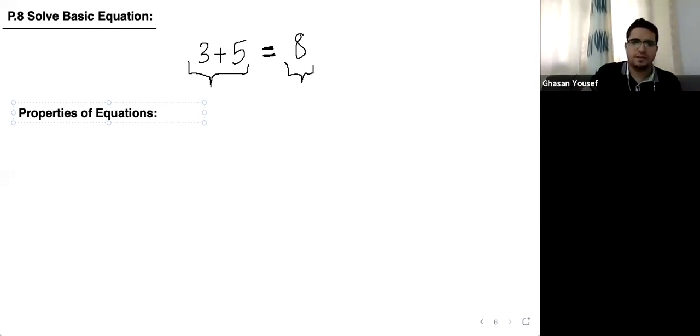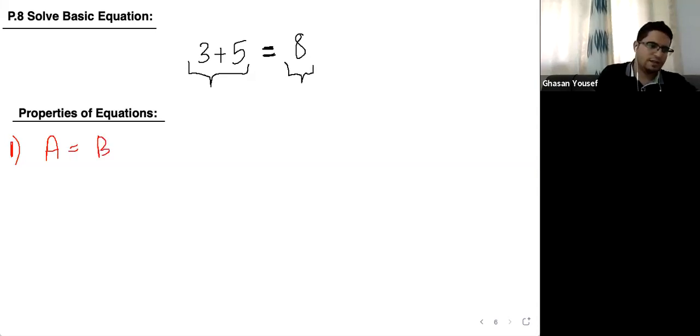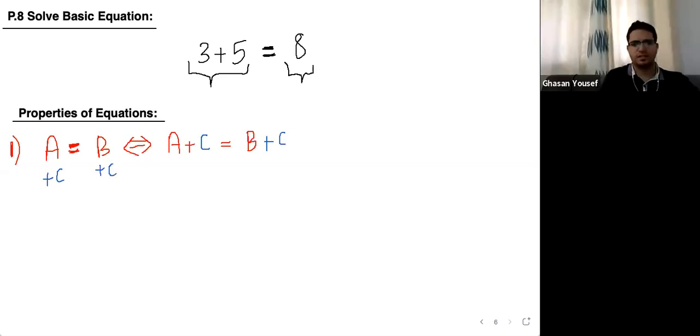First of all, suppose I have two mathematical statements that are equal, A equal B. First property: if I add the same quantity to both sides of this equation, I will get an equivalent equation, such that A plus C is equivalent to the original equation B plus C. Again, if I add C, the same quantity, to both sides, I will get another equation equivalent to the original equation.